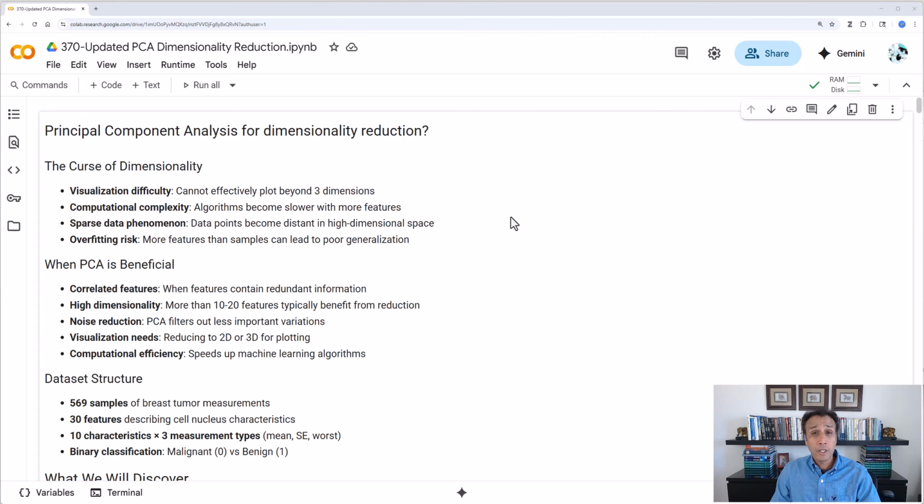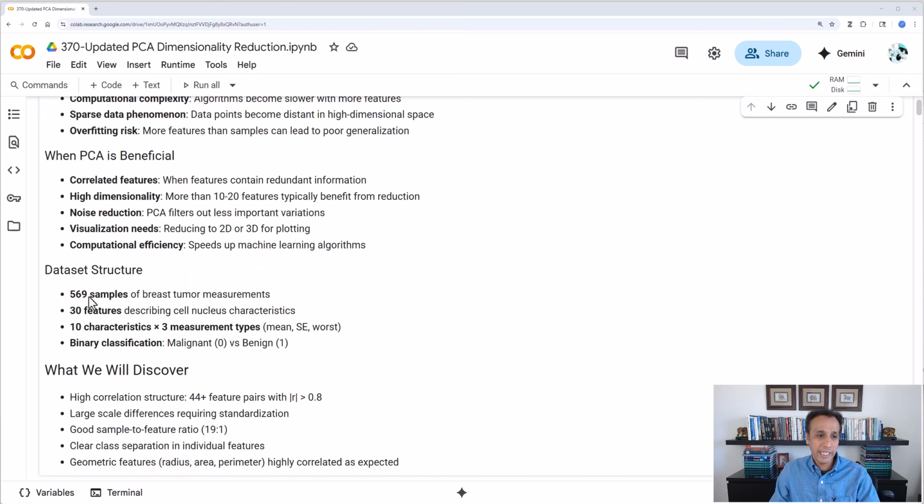So I'm working on Google Colab, so you can easily recreate what you see here on the screen, and the link to the code is down under the description. I've added quite a bit of notes, probably similar to what you just saw in PowerPoint with a bit more context. I talked about dimensionality.